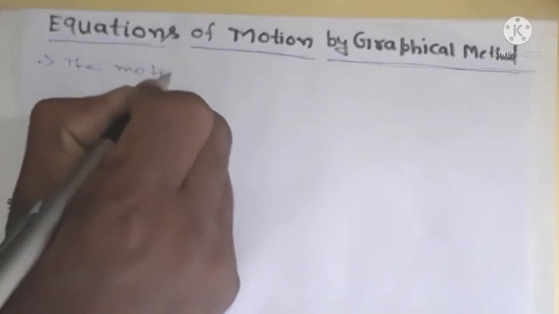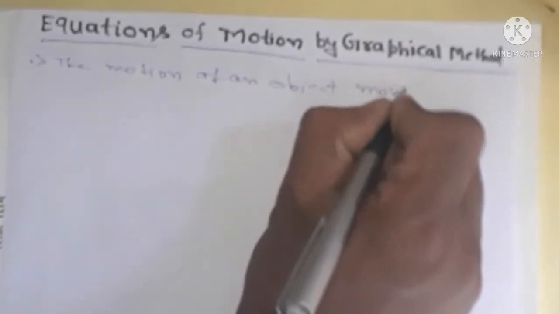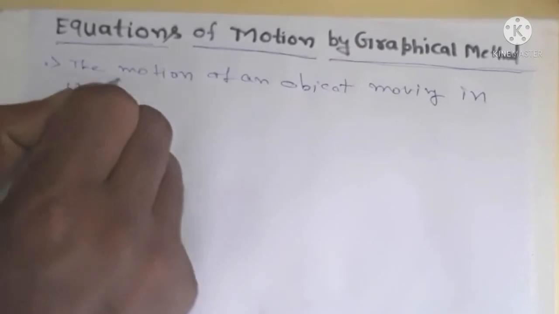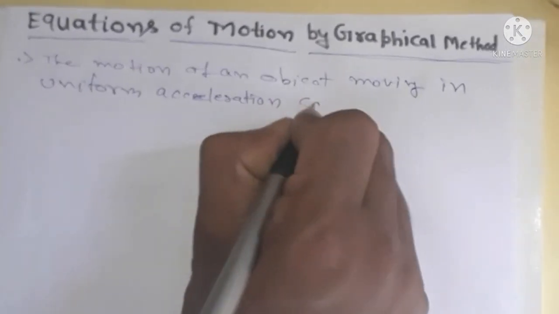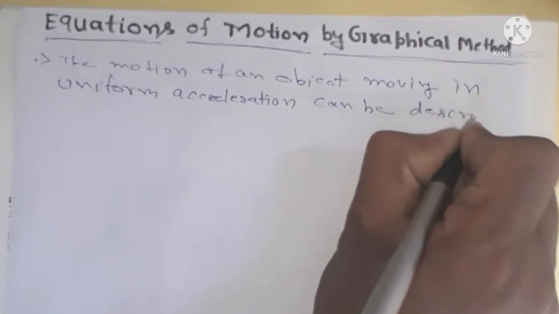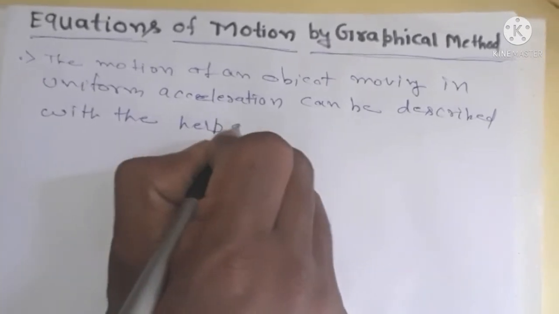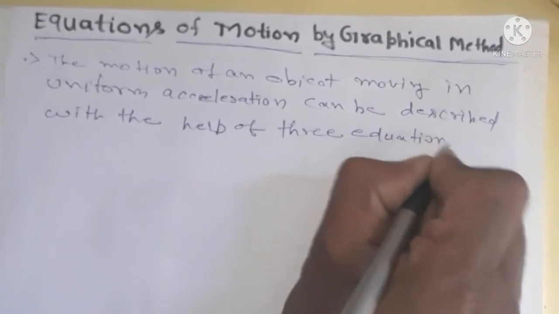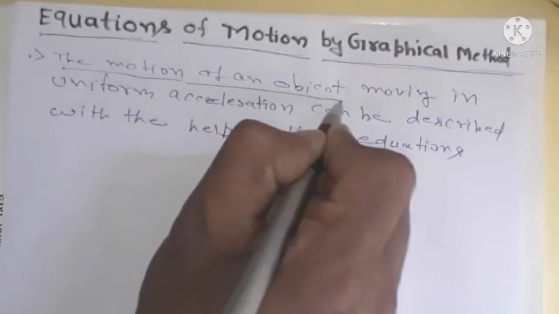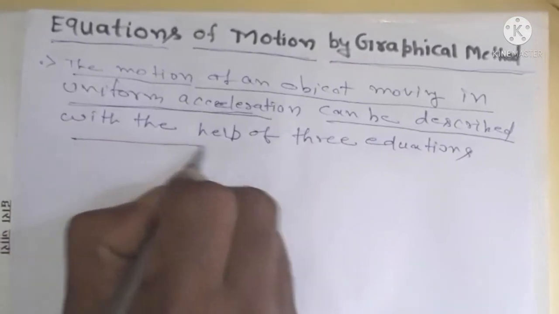We know that the motion of an object moving with uniform acceleration can be described with the help of three equations.